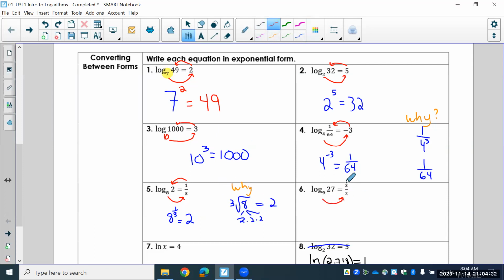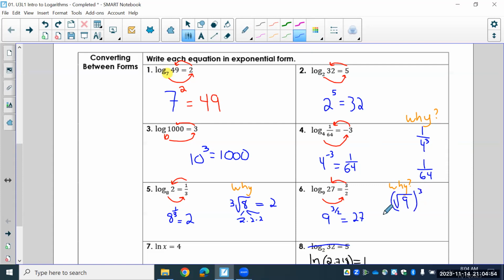This one, too, 9 to the 3/2 is 27. And so that would look like this. And this one will take a little bit more time to understand why this is a valid statement. But it's not hard. Let me show you again why this is true. Again, a little bit of review here. 9 to the 3/2 really means the square root of 9 raised to the 3rd power.